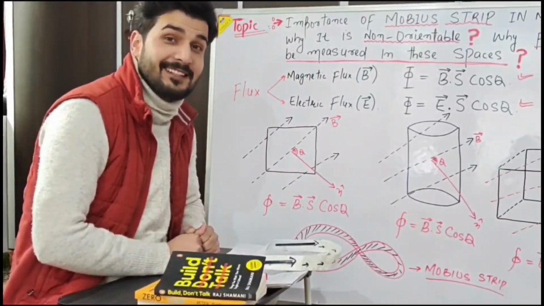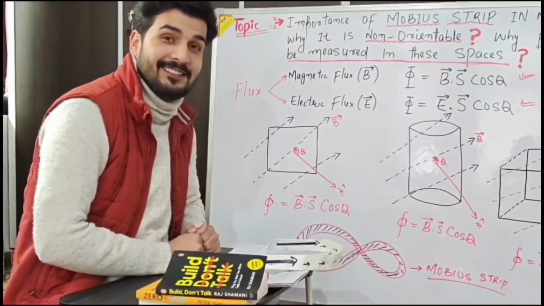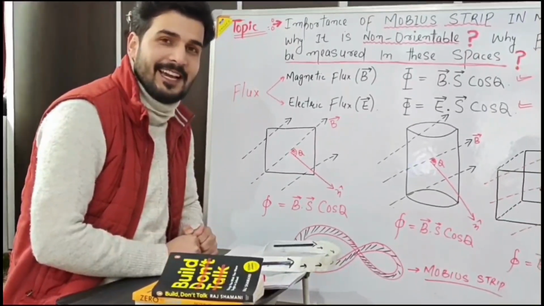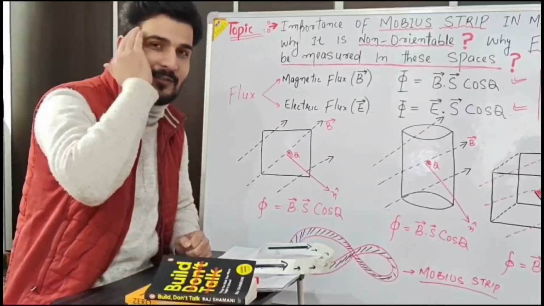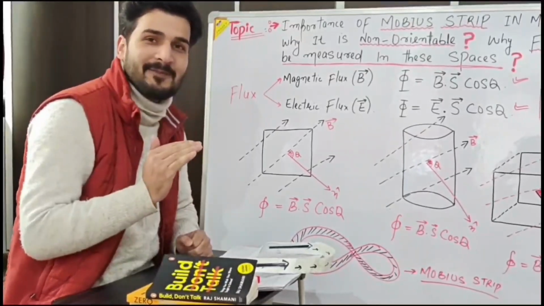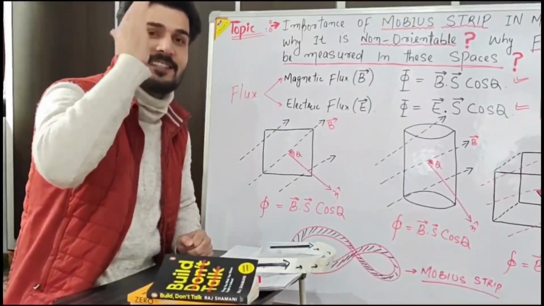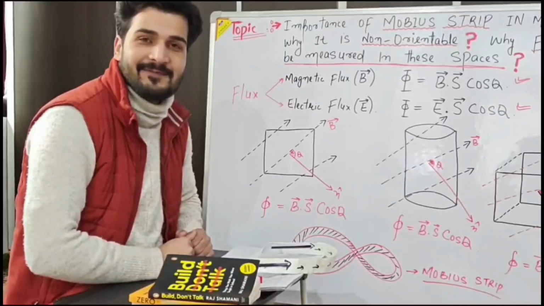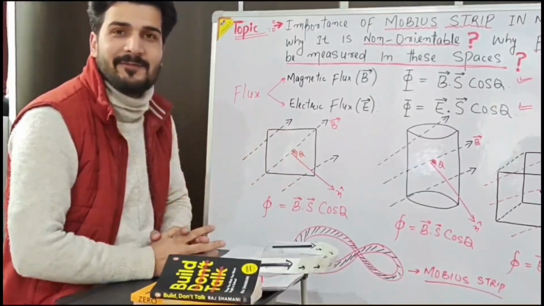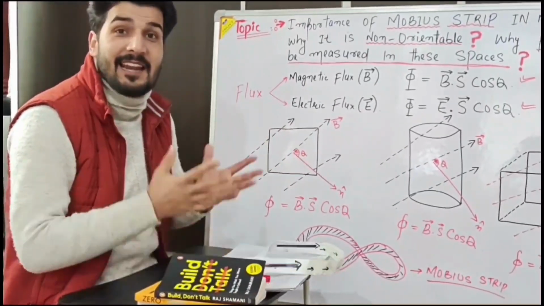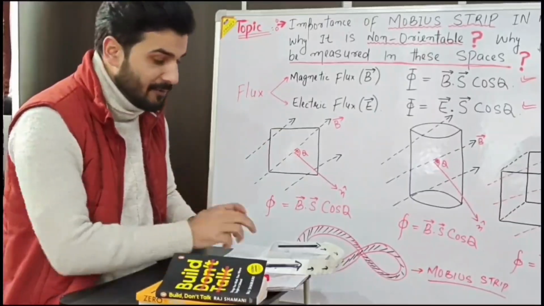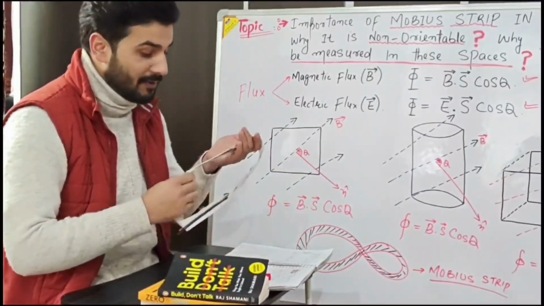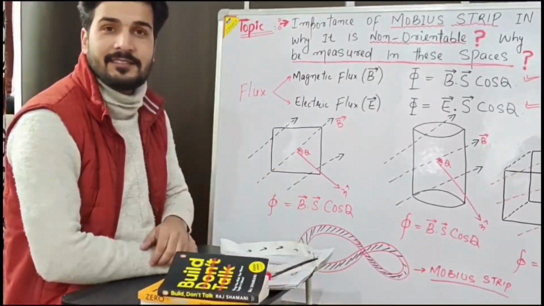That's why I believe that the point at which the thinking of a physicist stops, the thinking of a mathematician starts. But what about the Möbius strip? Can we measure flux in a Möbius strip? In a Möbius strip, we can't.